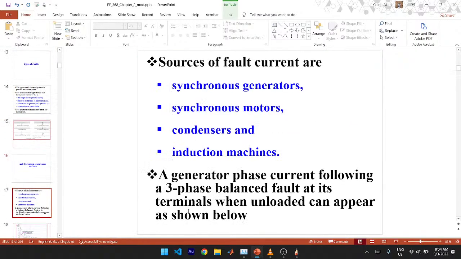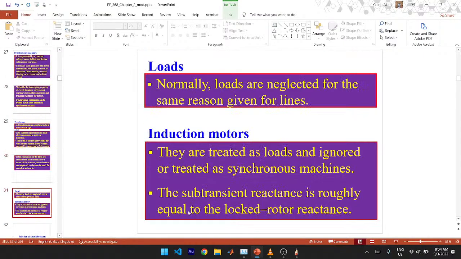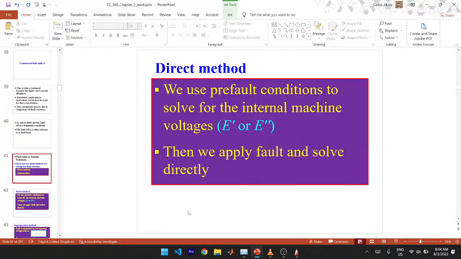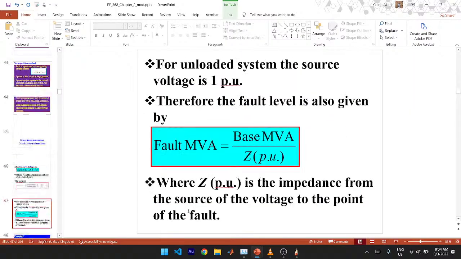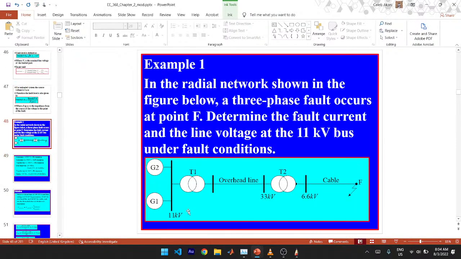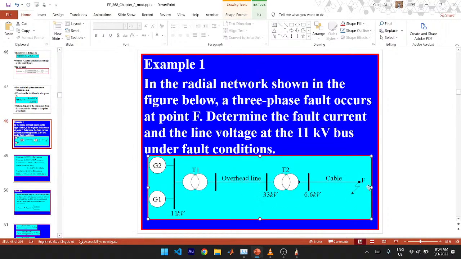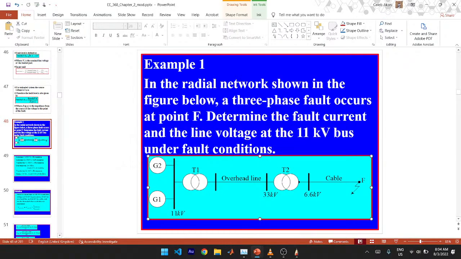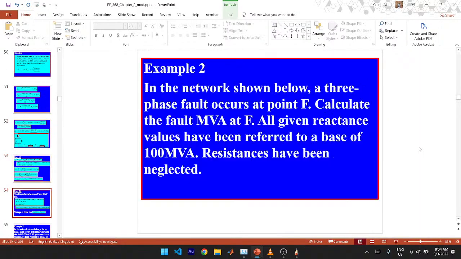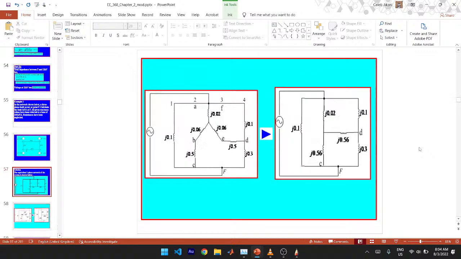So if I give you a question, how do you know whether it's loaded or unloaded? If it's loaded, it means there's a motor or a load connected at the output. So a motor is a load. The generator drives a motor or other loads, right? See this one. There's no load. It's just through the generator transformer then to the fault. There's no load connected here. Here too, there's no load. Generator, then impedance, no load, no motor.